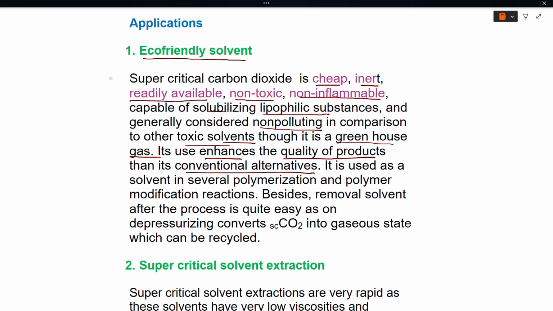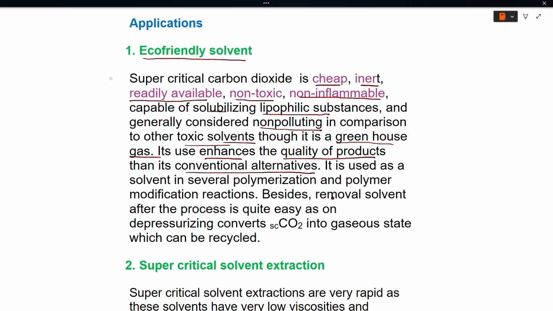Now, its use enhances the quality of the products compared to conventional alternatives. When we use an organic solvent, the product formed has some traces of the organic solvent adhering to it. But in this case, the carbon dioxide in the supercritical state can be converted into vapor form and escape.